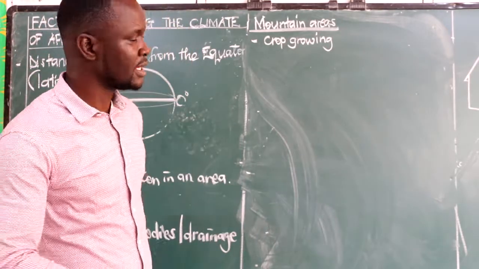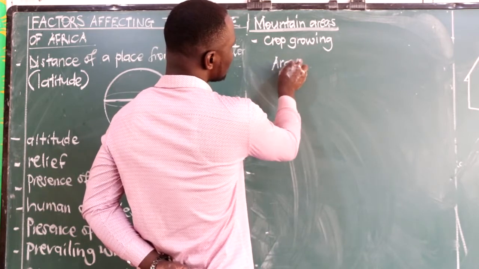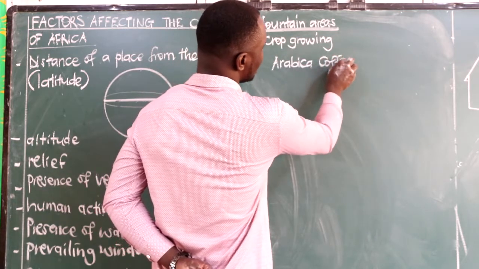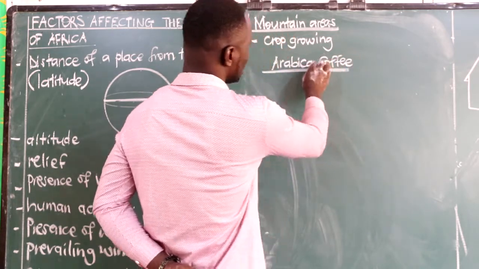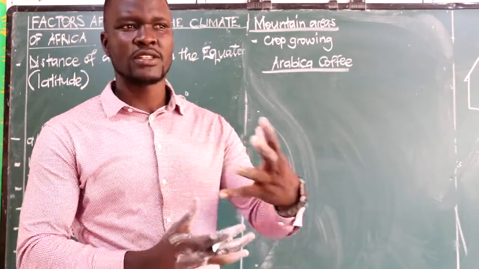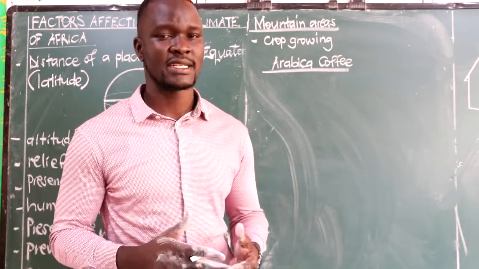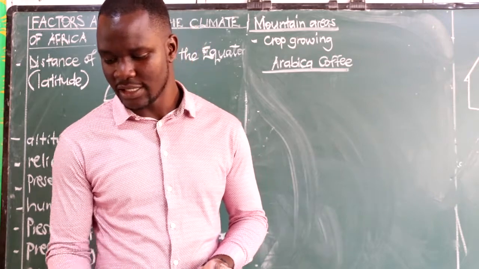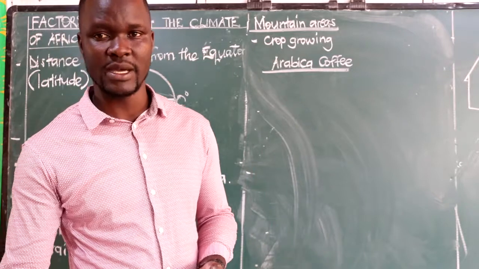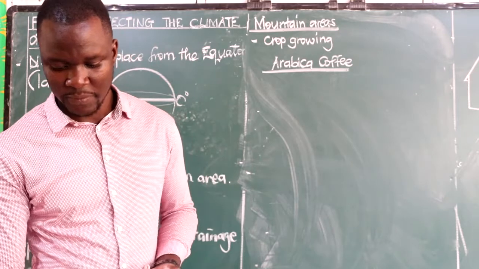An example is mountain Elgon, where on the slopes we have Arabica coffee mainly grown. Be very careful with such questions. So we are looking at such things in this context. Mountain slopes always have what we call volcanic fertile soil that supports the growth of some crops, and we have specified Arabica coffee growing best on the slopes of mountain Elgon.